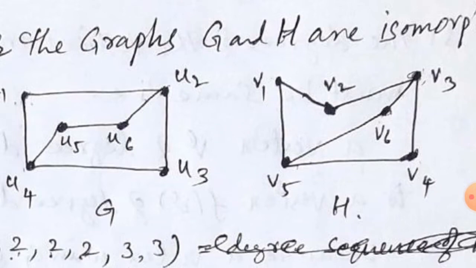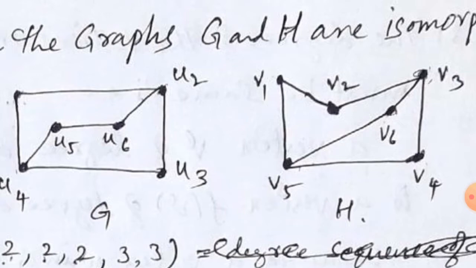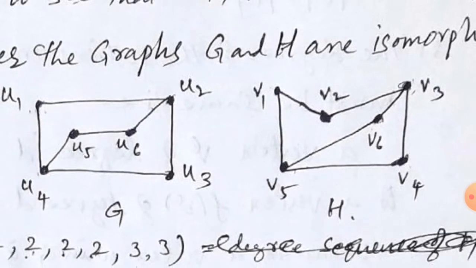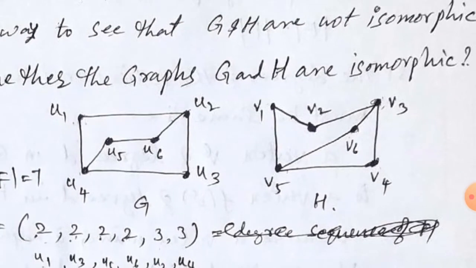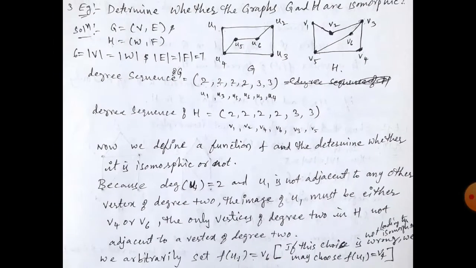That's why we will match it with v6. Or you can match v4 also, but not v2. Observe here clearly, if you match u1 with v2, v2 is adjacent to v1 having degree 2 only. So we cannot match u1 with v2. Like that you have to match.